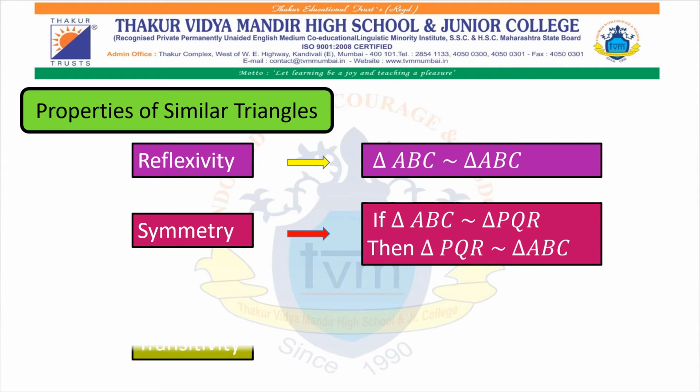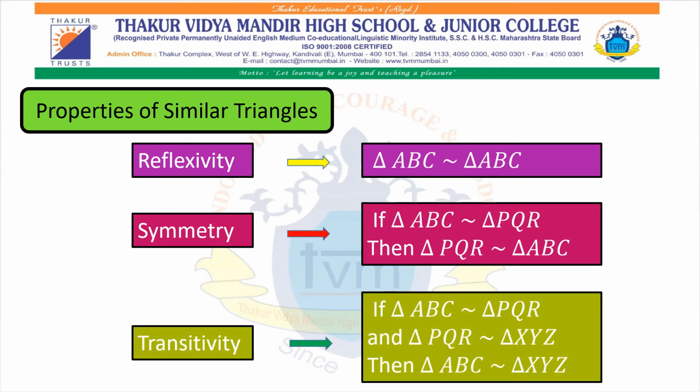And the third property is transitivity. If triangle ABC is similar to triangle PQR and PQR is similar to XYZ, then triangle ABC is similar to triangle XYZ. These properties will be used somewhere in proving theorems or sums. So remember these three properties: reflexivity, symmetry, and transitivity.